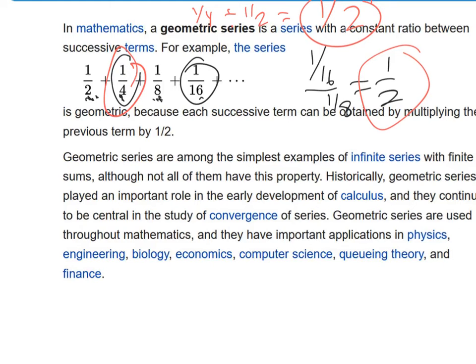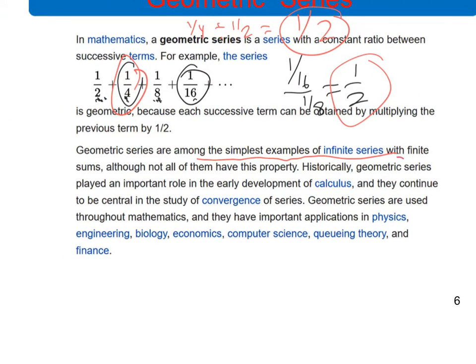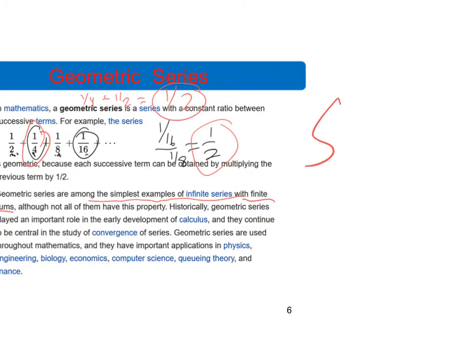Geometric series are among the simplest examples of infinite series with finite sums. Finite means you can always add up a geometric series. It's always the first term divided by 1 minus that ratio.